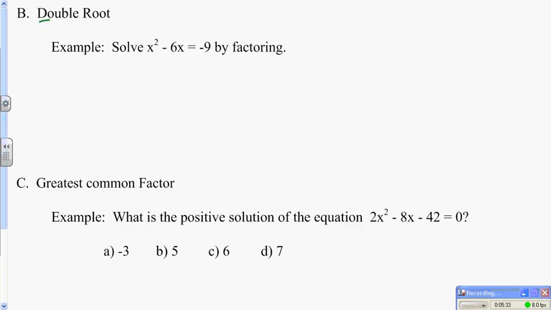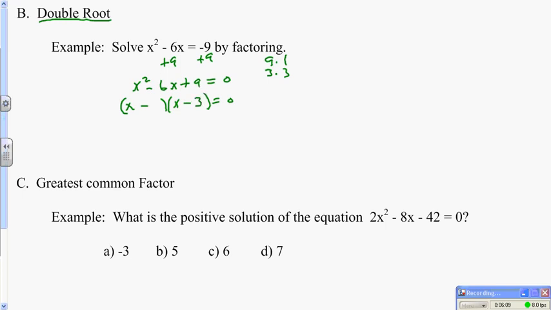And we also have what's called a double root, a double solution. If you go through the same process here, you'll get x squared minus 6x plus 9 equals 0. This one is factorable. We get x and x. Minus plus is a minus minus. Factors of 9 that give us a sum of 6.